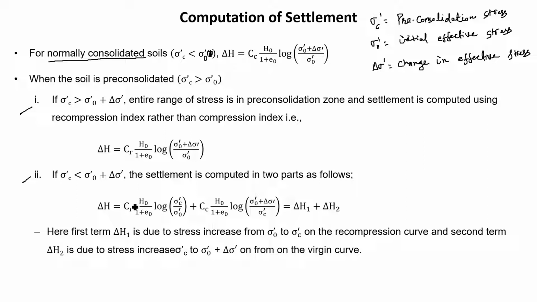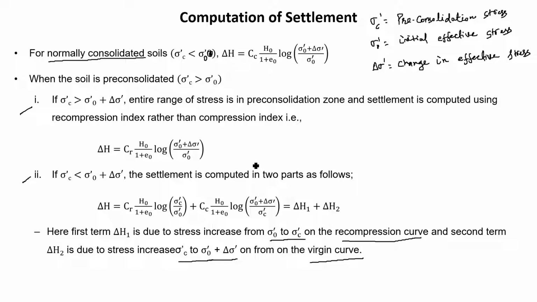The first part is due to a stress increase from sigma naught dash to sigma c dash, which is on the recompression curve, and the second term in this equation is due to the pressure increase from sigma c dash to sigma naught dash plus del sigma, which is on the virgin curve. So these are the formulas which we use to compute the settlement.